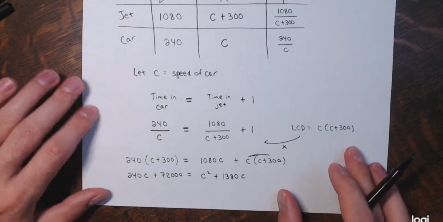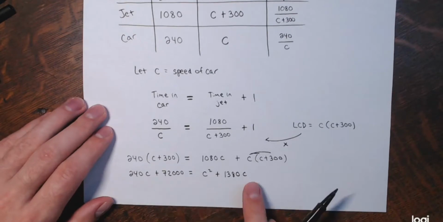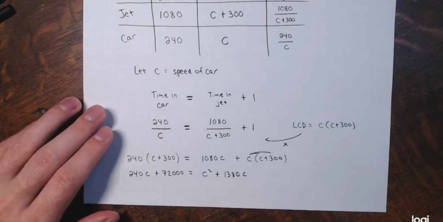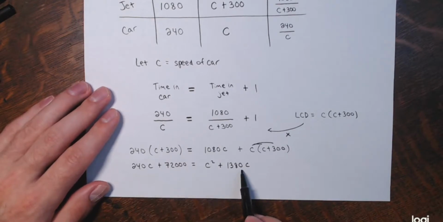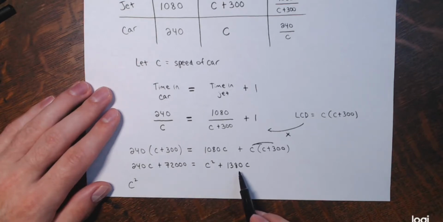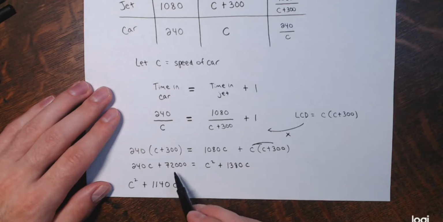Okay. And then I'm going to take everything to the right and switch sides so that it's on the left. So I subtract 240C. Right, so we'll have C squared, and when I subtract 240C, it'll be 1140C, plus 1140, plus 240, 13, right, C, and I would subtract 72,000.